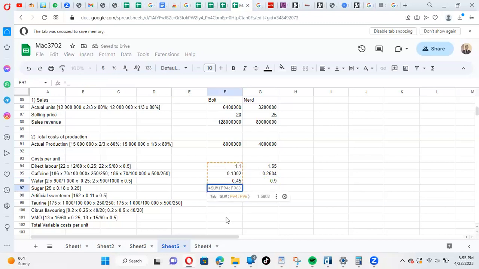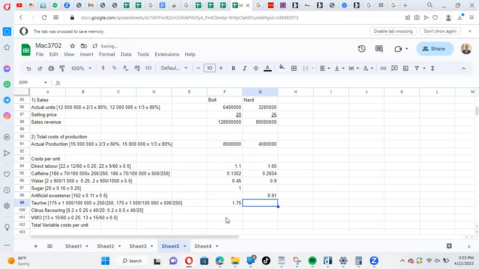And then 25 times 0.16. This is just for balls. This one is for sweetener. 162 times 0.11 times 0.5. Okay, we have that huge amount there. Here it's 175 times 1000 divided by 100,000.